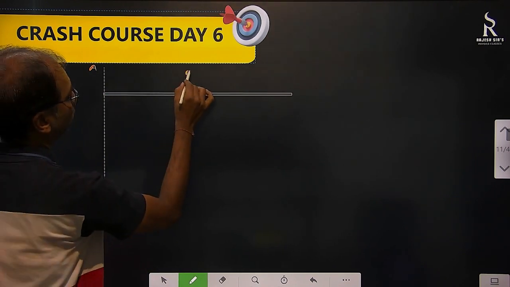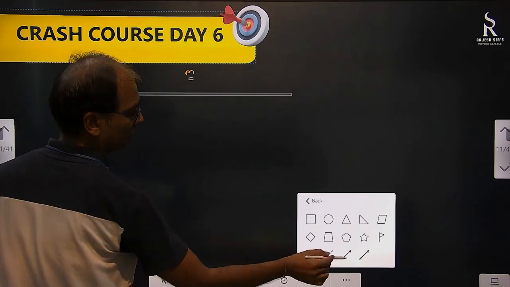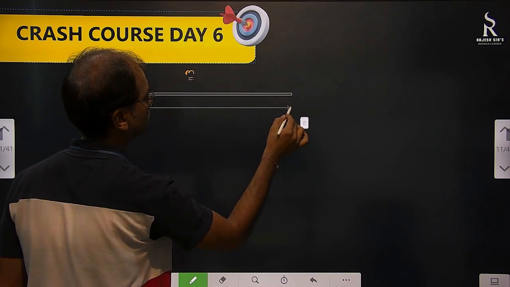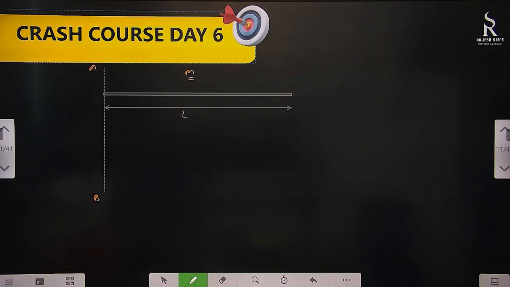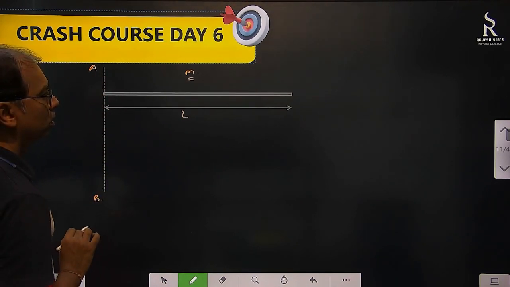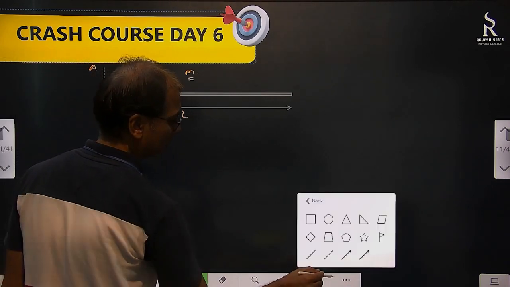Mass of the rod is m and length is L. About this, I don't know directly. But do I know its moment of inertia about its center of mass? Answer is yes, we know that.